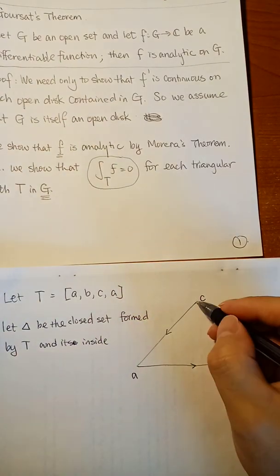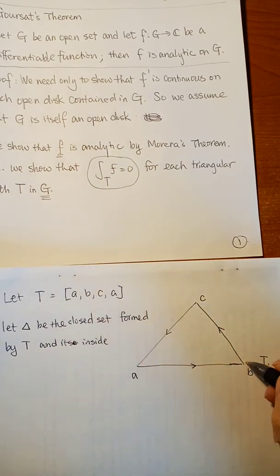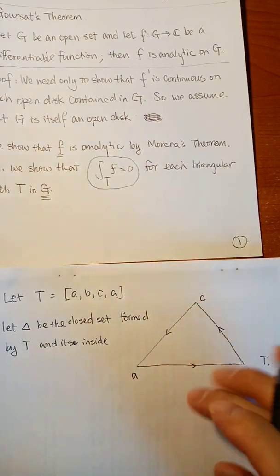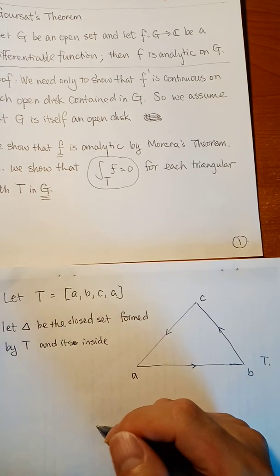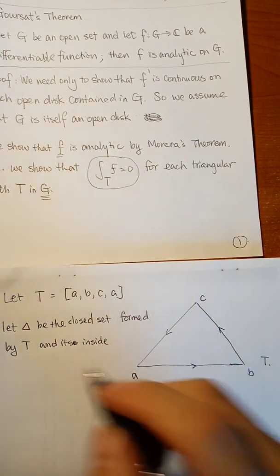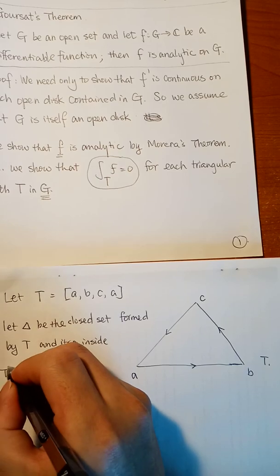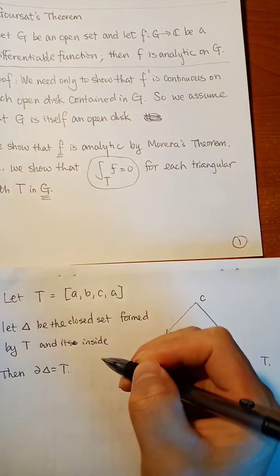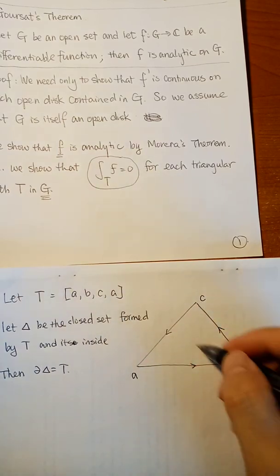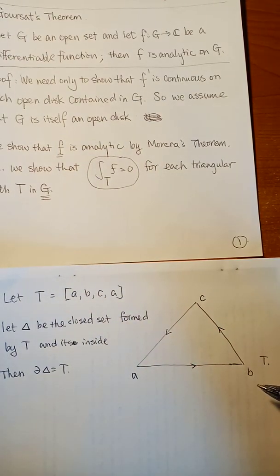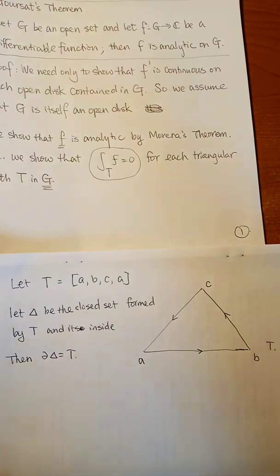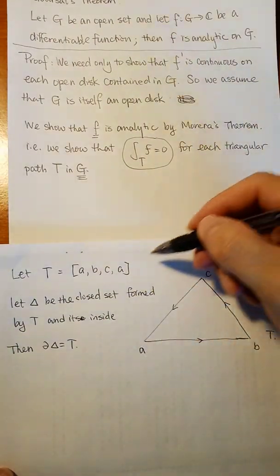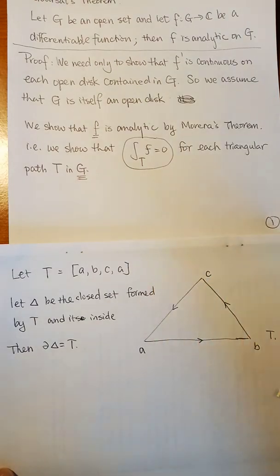So T is just the boundary, and delta means this region including the boundary. It's a closed region. Okay, and then we know that the boundary of delta is equal to T. This is inside the open disk, this is inside the disk G.